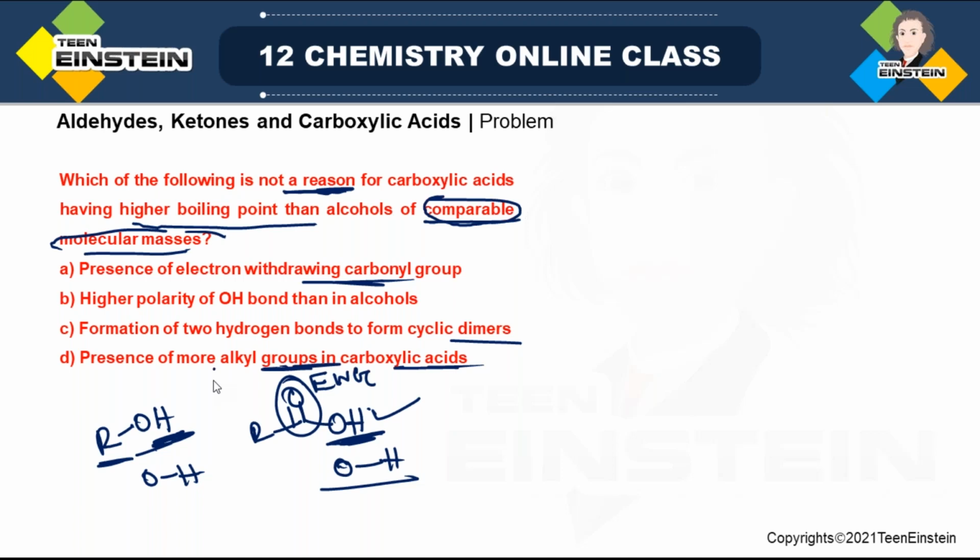And even if there is more alkyl group in carboxylic acid, this is not the actual reason for higher boiling point. Fine. It will be true only if you have taken a carboxylic acid and an alcohol not having comparable molecular masses. Suppose carboxylic acid has very high molecular mass compared to alcohol, then you can say that more alkyl group is present. But when masses are comparable, we cannot say this is the correct reason. So option D will be the correct one, because it is not a reason for carboxylic acid having higher boiling point than alcohol.